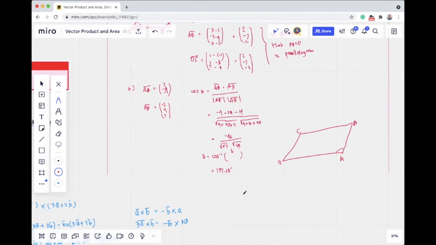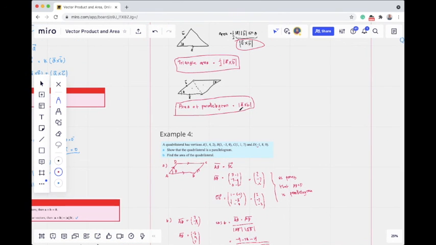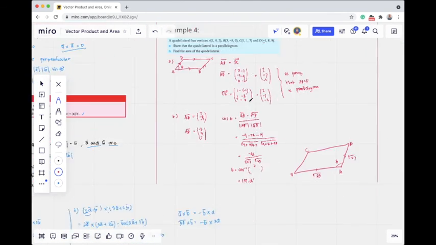Because now we already know the angle theta, and AB here, the magnitude of AB is square root of 57, and the magnitude of AD is square root of 69. We know that the area of a parallelogram is the magnitude of A cross B.